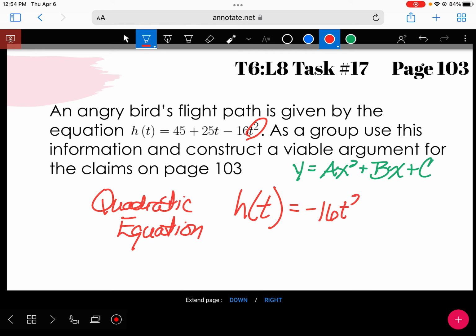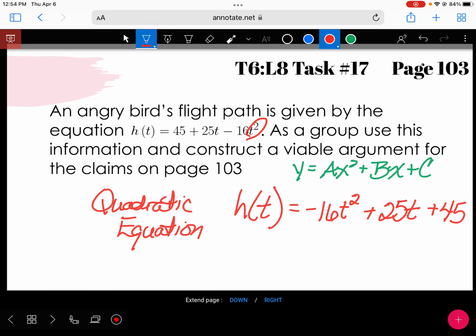Negative 16t squared plus 25t plus 45. Okay. Guys, knock it off. So right there is standard form. All I have done is rearrange my A and my C values so I have the A at the beginning.